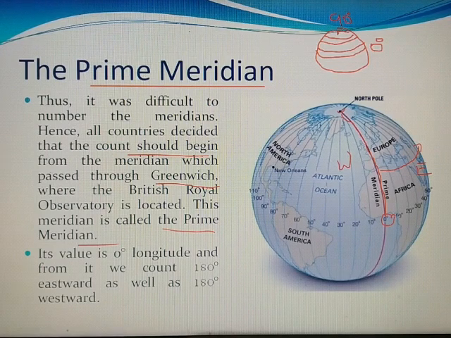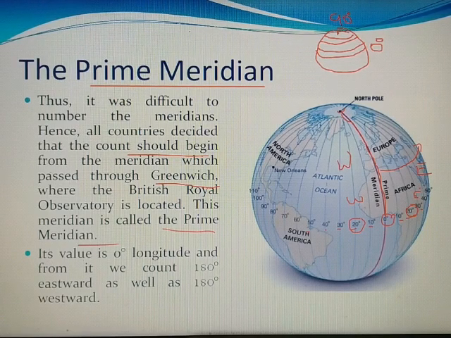Look here, 0, then 10, 20, 30, 40, then here also 10, 20, 30, 40, 50. If we only say 20 degree longitude, there will be two, one here and another one here. So it will not be clear where that location is if we only write 20 degree. So we need to write E or W for more clarification.